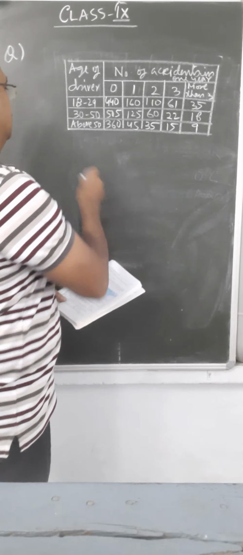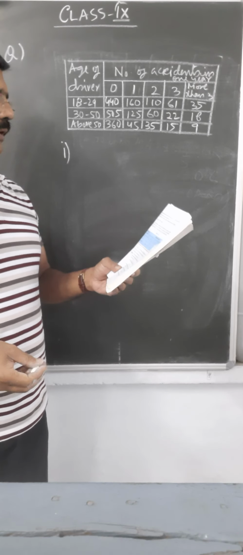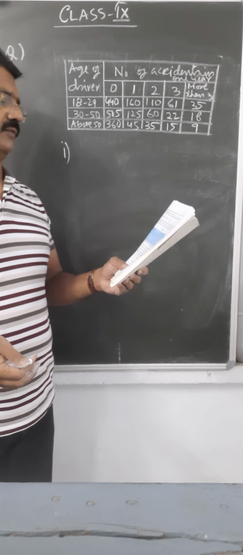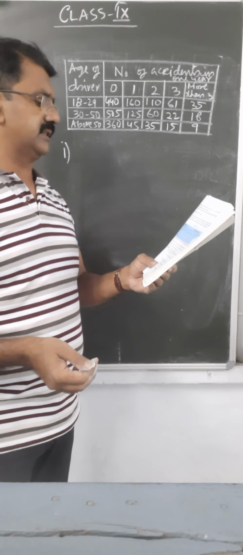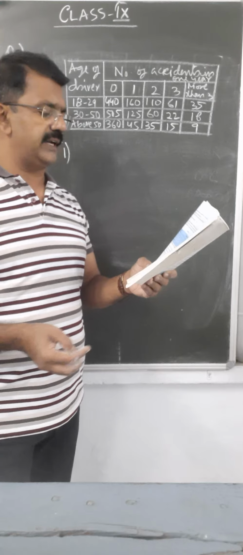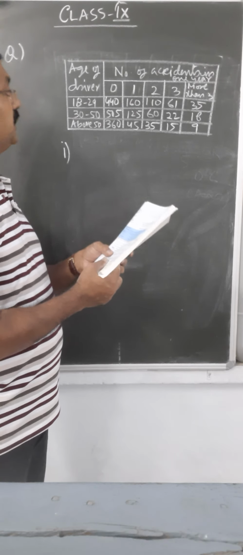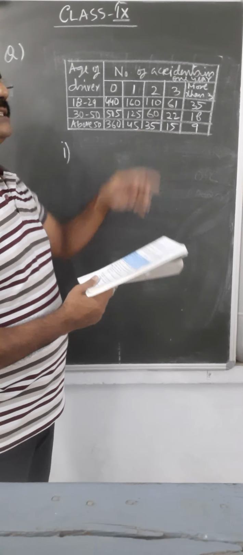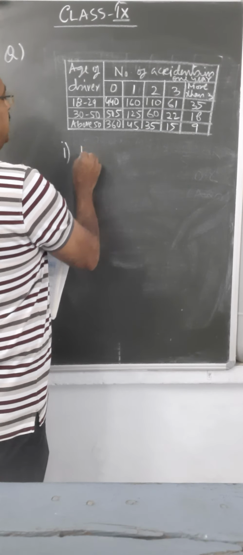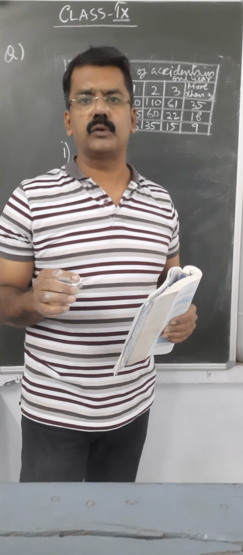Now, first part. Find the probability of the following events for the driver chosen at random from the city. First part is being 18 to 29 years of age, and having exactly 3 accidents in a year, that is 61. So the probability is the number of favorable outcomes upon the number of total outcomes.